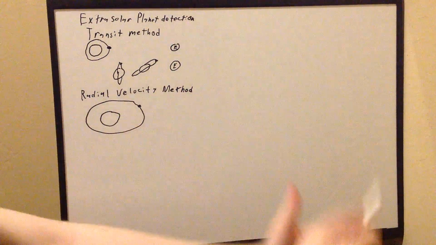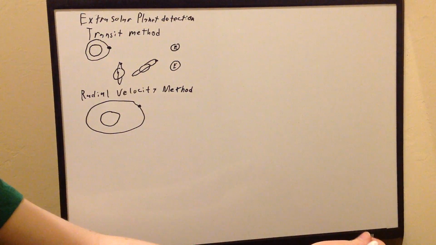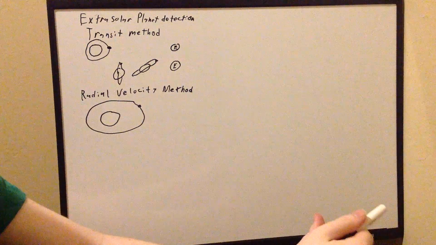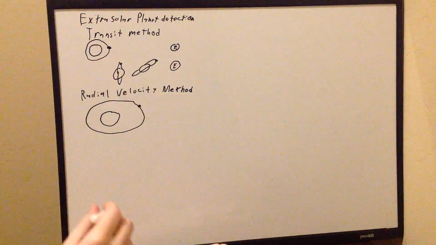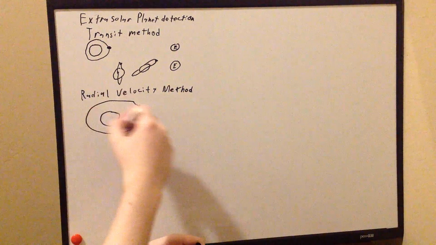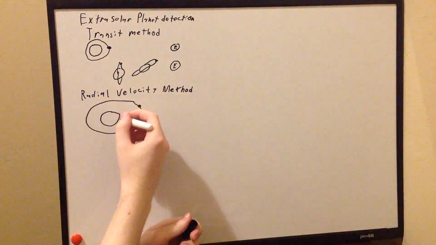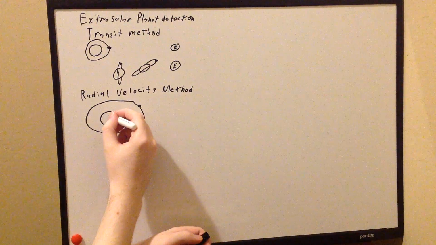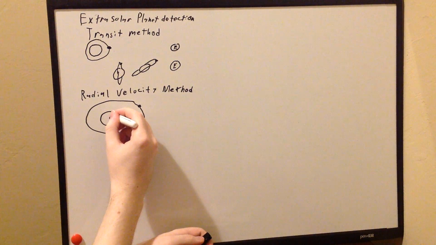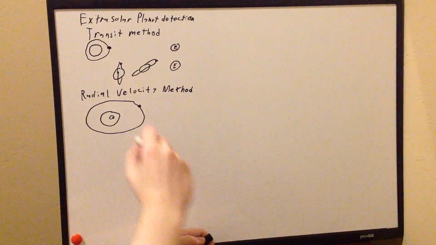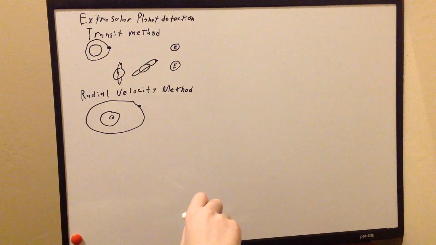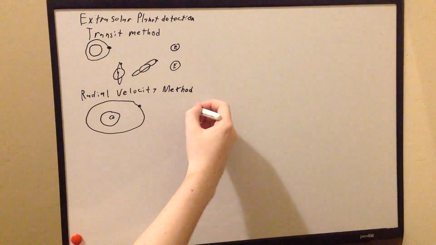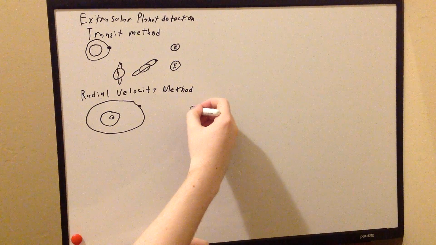This is something that happens whenever something is orbiting something else. They're really both orbiting the center of mass. So in this case, if we have this planet, it's making this big orbit, and the star is making a much smaller orbit, but it is making an orbit, right? It's moving in this circular fashion over time. Let's say the Earth is over here.